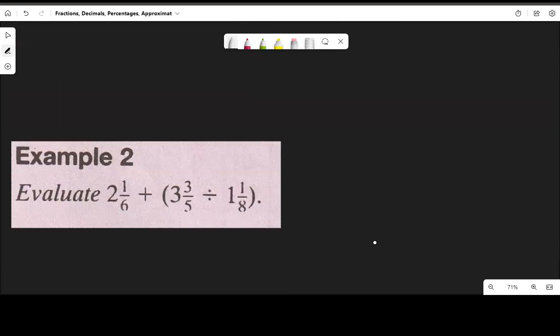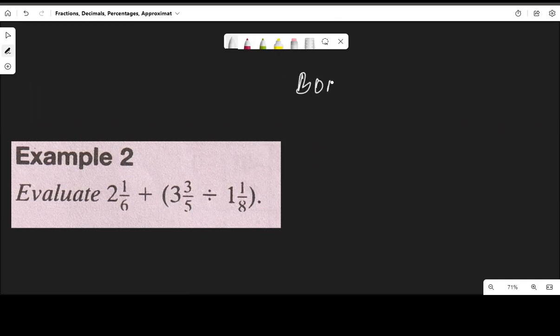we are to evaluate 2 whole number 1/6 plus 3 whole number 3/5, divided by 1 whole number 1/8. If we apply BODMAS to this, which stands for brackets, of, division, multiplication, addition, and subtraction, that means we are going to solve the expression inside the bracket first, because brackets take precedence.